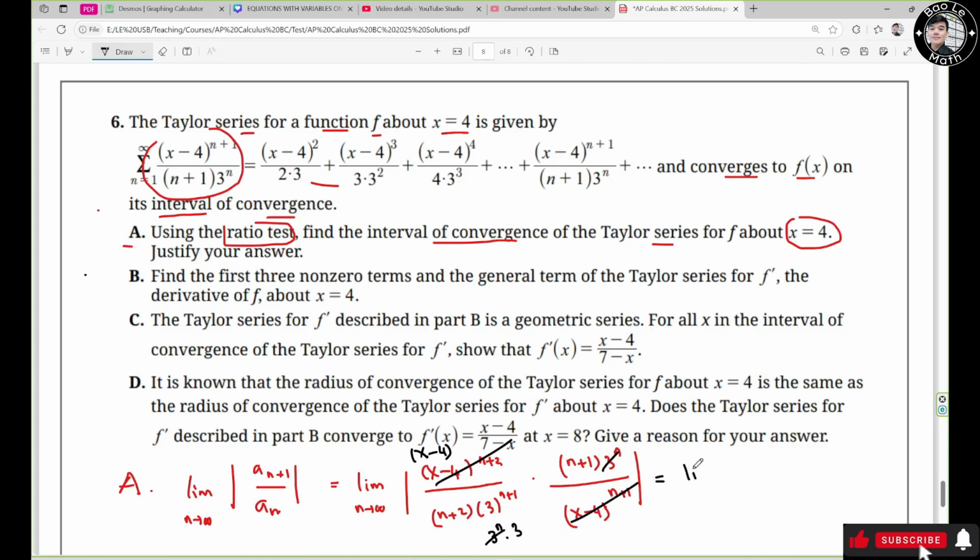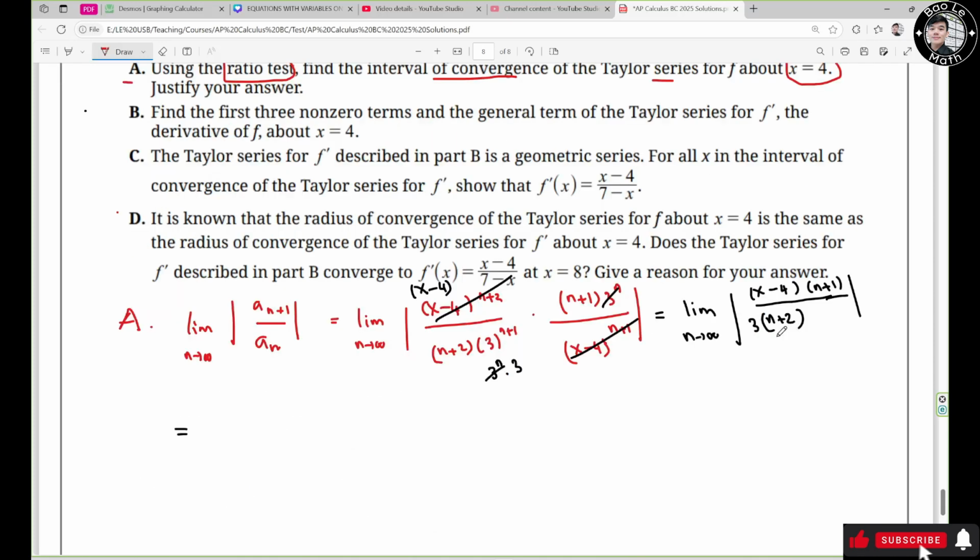So I have the limit when n approaches infinity of the absolute value of (s minus 4) over (n plus 2) times 3 times (n plus 1). Now when n approaches infinity, n is much greater than 2, so you just ignore this one. Same thing, you ignore 1 right here. So you have n on the top and n on the bottom, cancel out, so you have the absolute value of (s minus 4) over 3.